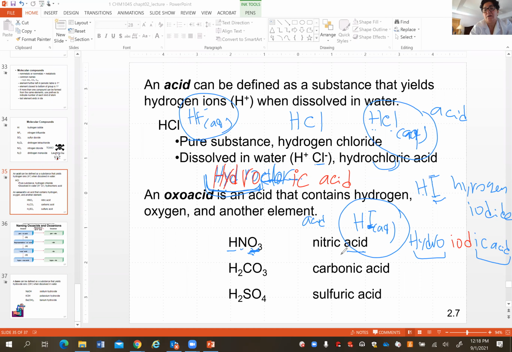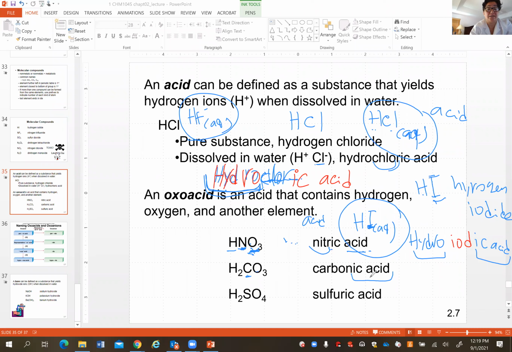You just say the root name, nitr, for the nonmetal, and then ic acid. As soon as I see there is no hydro, I understand that there is oxygen here. So nitric acid. So H2SO4, H2CO3, there is oxygen. I don't have to bring hydro, so no hydro. And then the carbon, carbonic acid.